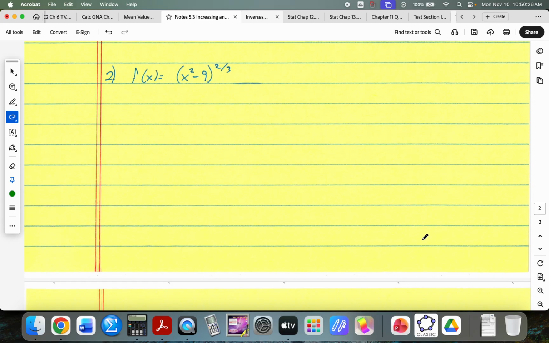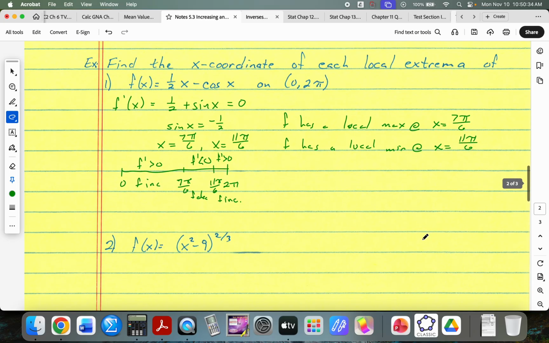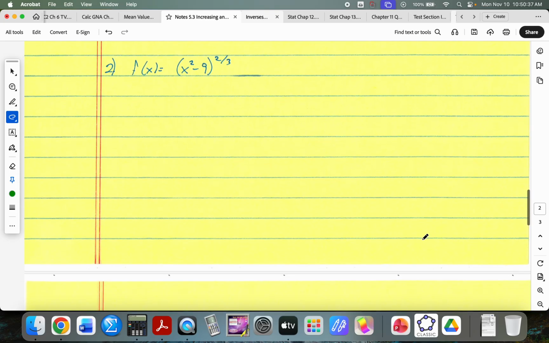All right, let's try this one. A little bit more complicated graph. These other ones aren't too super complicated. This one, I have no idea exactly what this looks like, so I'll take the derivative. How do I take the derivative of this? Outside first.